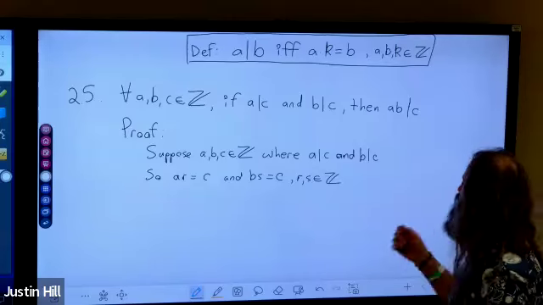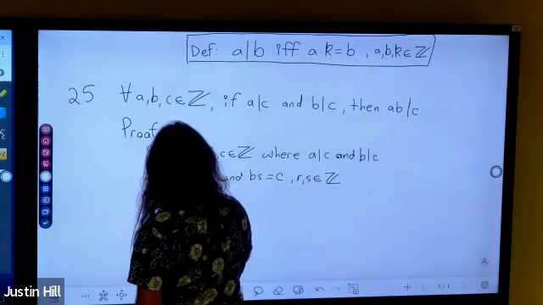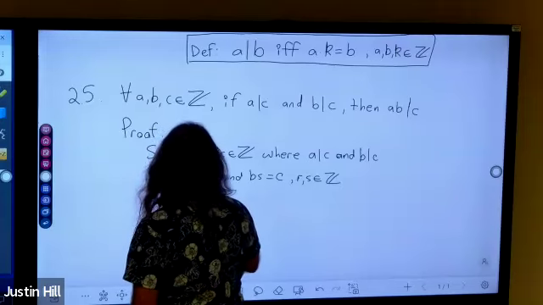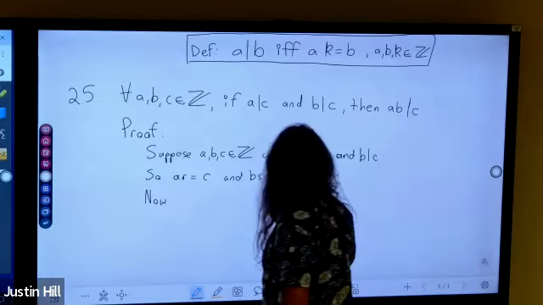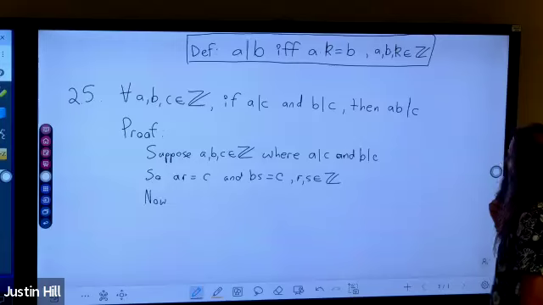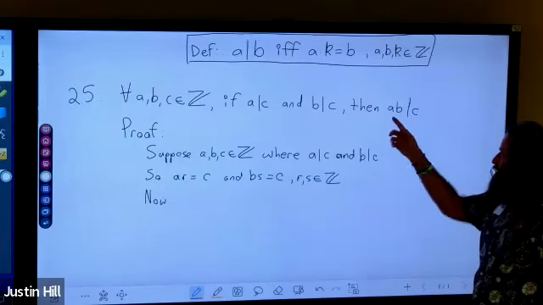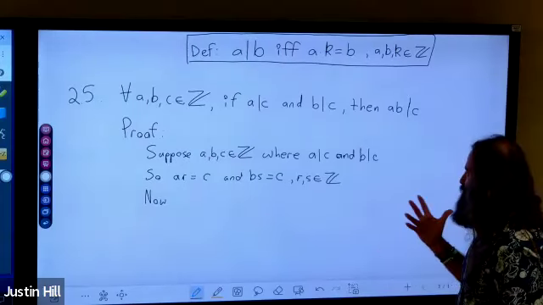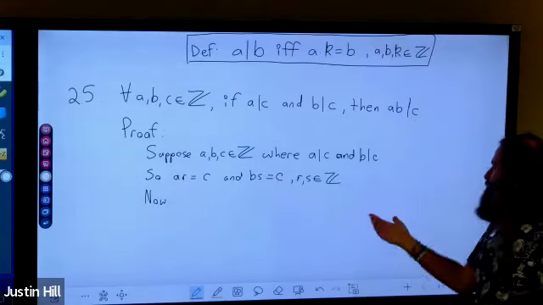Good, we have to introduce our construction. So the interesting thing here is we're trying to show that AB divides C. So in the end, what we actually want is AB times an integer equals C. So our construction is actually C, and C is not a construction. C already exists in this problem, right?